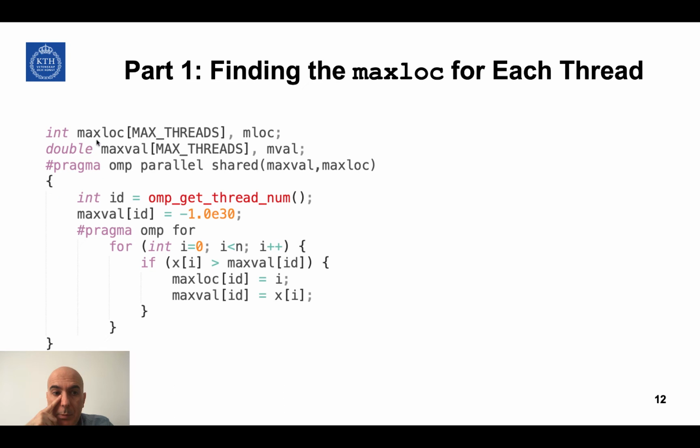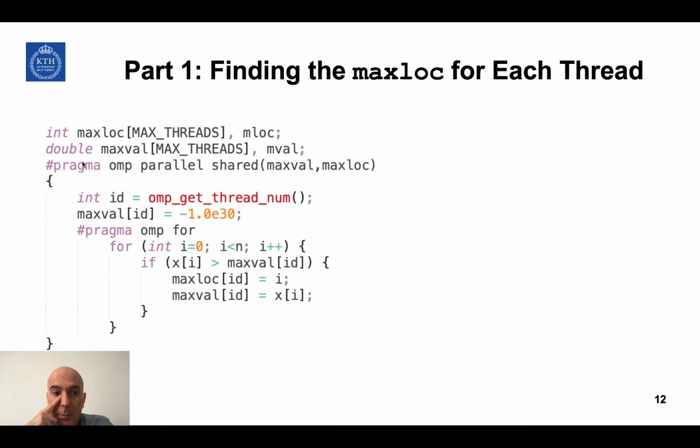We allocate two additional arrays, MaxLocs and MaxVals, with the size of the number of threads, right? And then we parallelize.